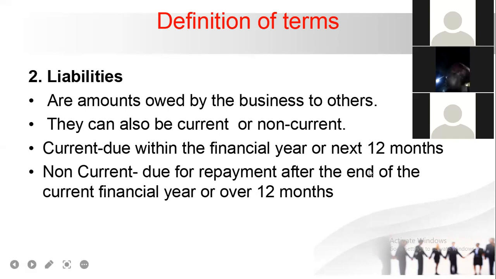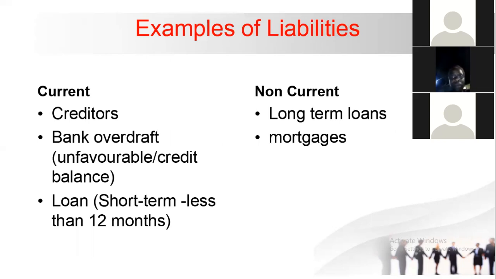So that is it about the liabilities, and I would want to move on to the examples of liabilities. Under liabilities, as I said, you find current and non-current. And on the left-hand side of your screen, I have listed current liabilities, which are popular at your level. The first current liability you see there, I have written creditors. So sometimes when we operate our business, we buy goods on credit.